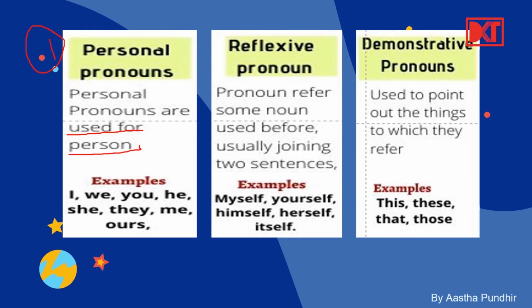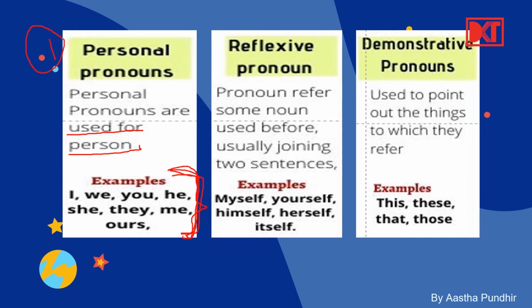And हमने क्या सीखा था? When the subject is the doer, it is used for the doer. I, we, you, he, she, they, me, ours. All these are used for the doer of the action.